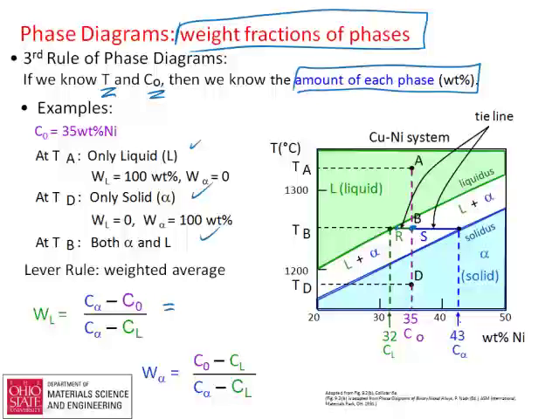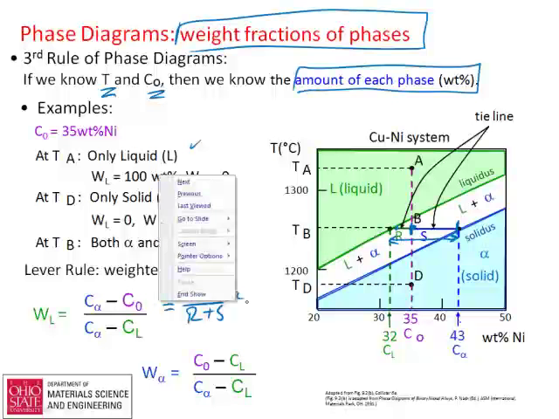mostly liquid. And so the weight fraction liquid turns out by this lever rule, and I'm not going to show you how to derive it in the next slide, but by this lever rule is going to be this fraction over this total fraction. So basically this distance S over R plus S represents the fraction of liquid, and that's basically composition of alpha minus the overall composition over the entire length of that lever, which is composition of alpha minus composition of liquid.